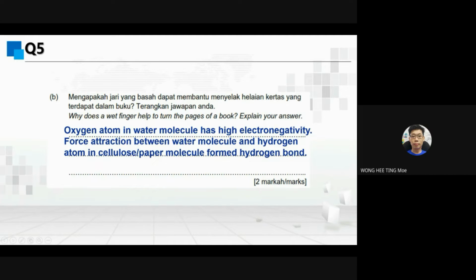So books is another one. What else is the application of this hydrogen bond? Any more? Okay, the cloth, yes, the cloth. Correct.